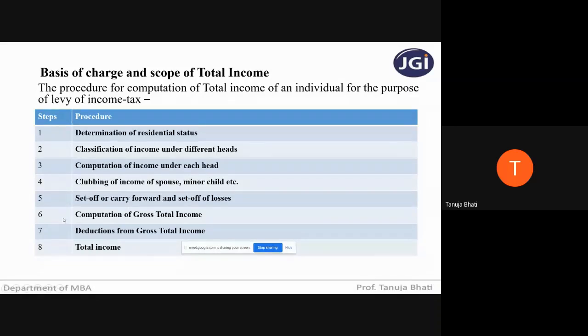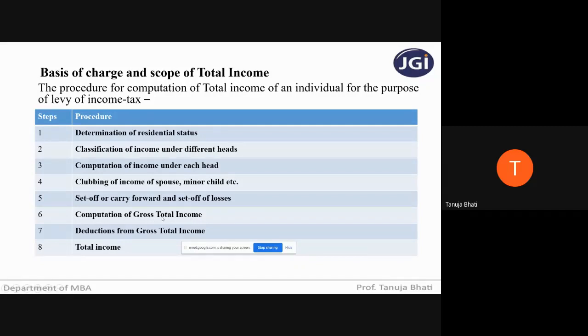Next step, step number 6, is computation of gross total income. Now, what do you mean by gross total income? After computing the income under all the 5 heads, after clubbing the income which you have transferred, and after setting off all the losses, whatever income is remaining is nothing but your gross total income.